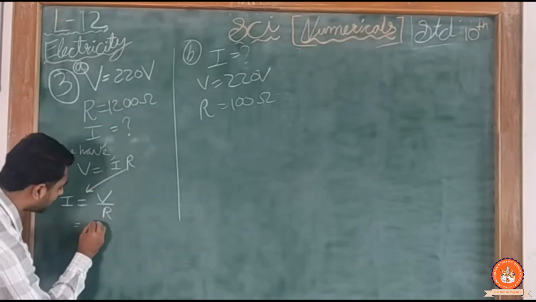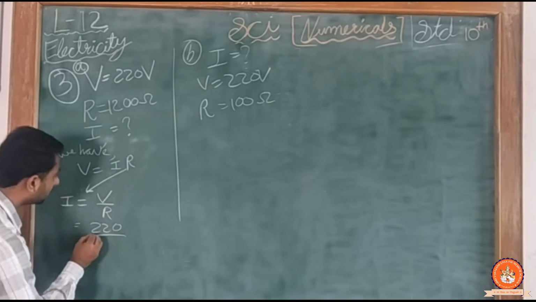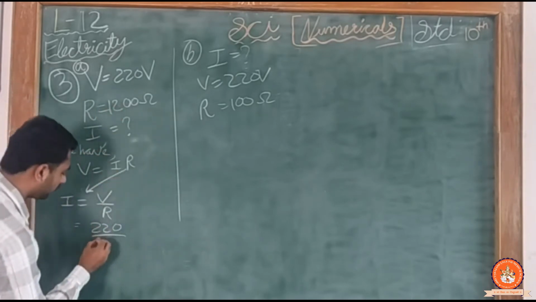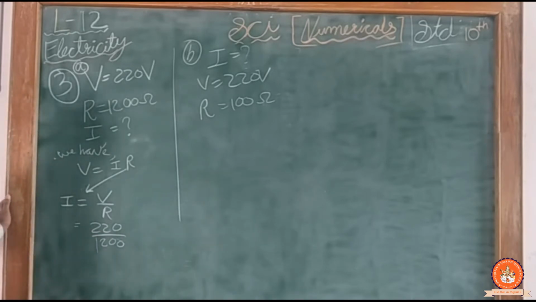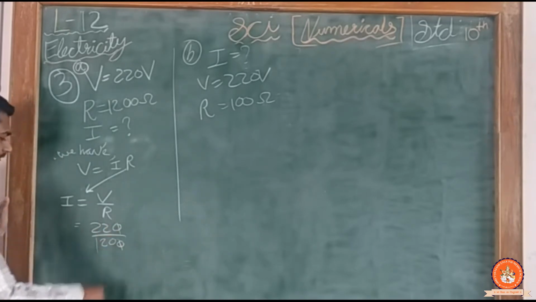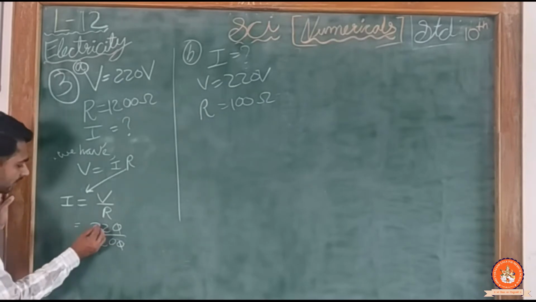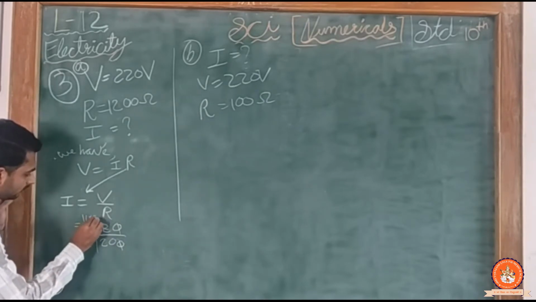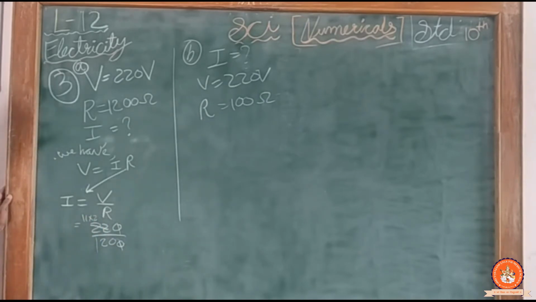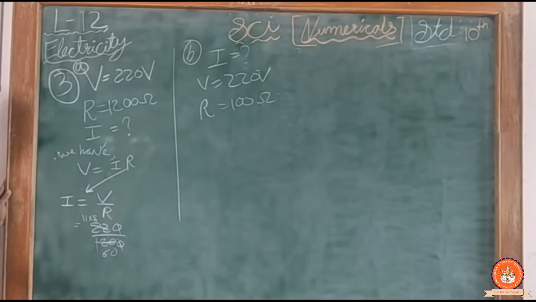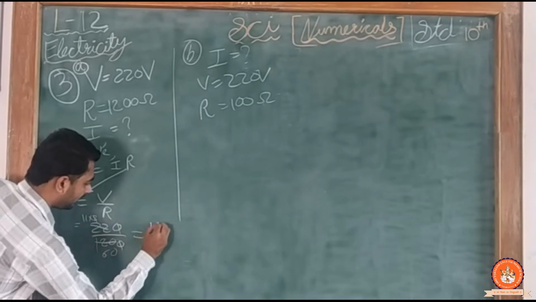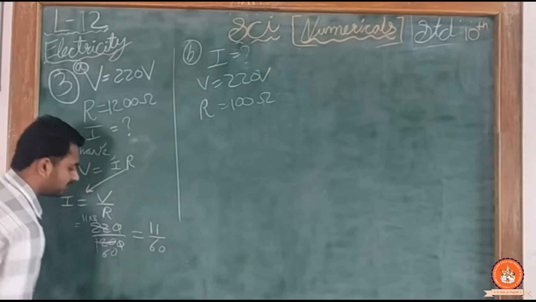So V is equal to 220 and R is equal to 1200 ohm. Clear? 0 0 cut. Now here 11 2s are 22, so 2 6s are 12 and 0, so it becomes 11 by 60.